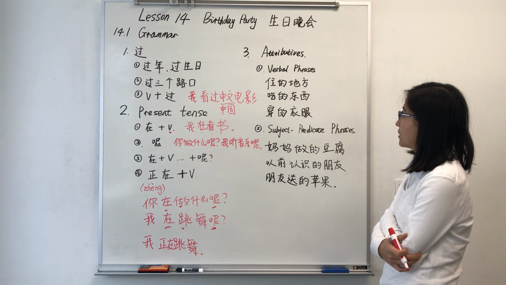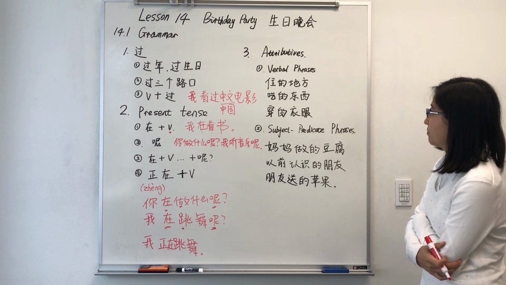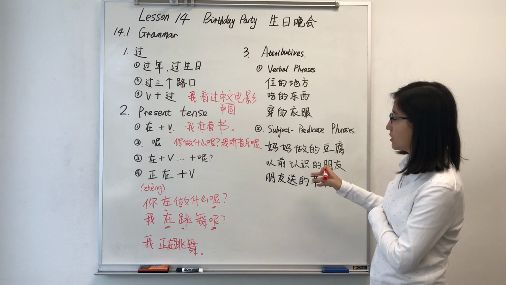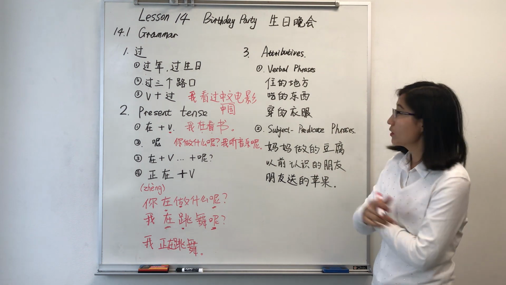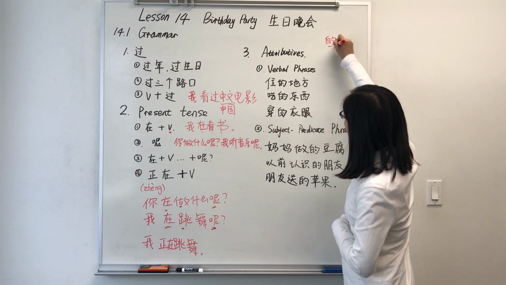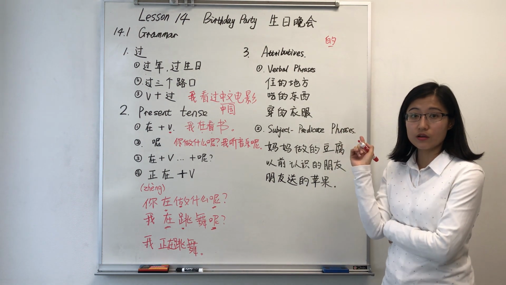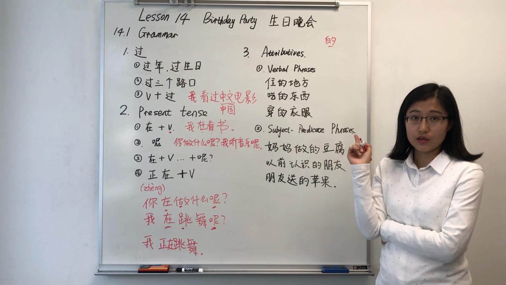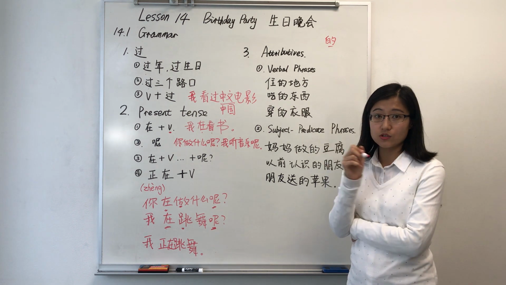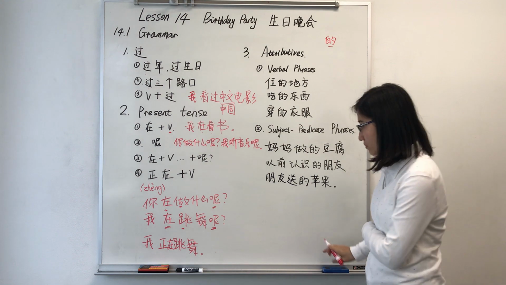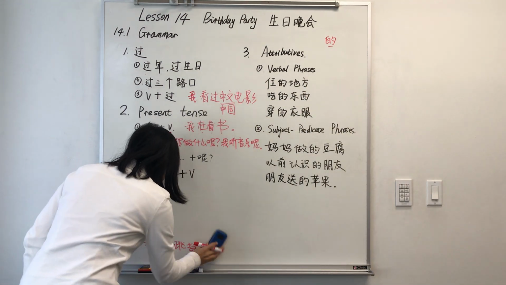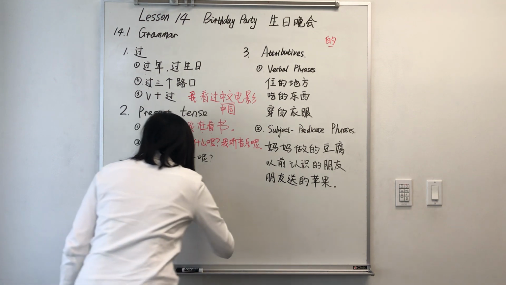Next one is attributives. Actually, this grammar is about the 的. We learned 的. This character means the possessive word that connects to nouns or pronouns. For example, my book, I can say 我的书.